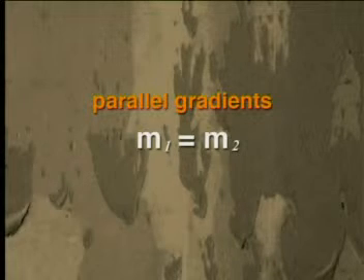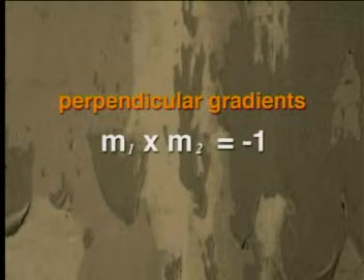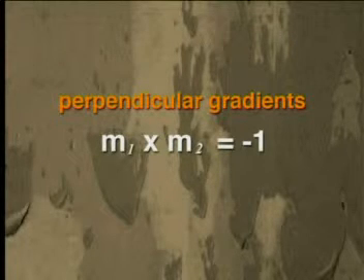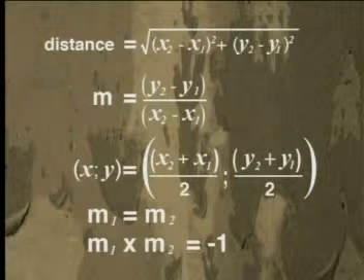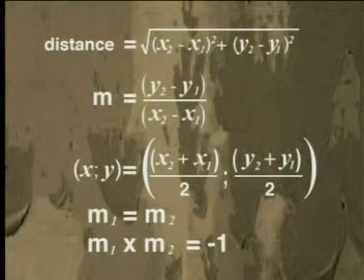Also remember that parallel lines have the same gradient. And if you multiply the gradients of perpendicular lines, the product should be -1. These are the 5 formulae we are going to use. These 5 facts and formulae are used fairly often when proving conjectures with coordinate geometry. Now we're ready to see how they can help us with investigating polygons.